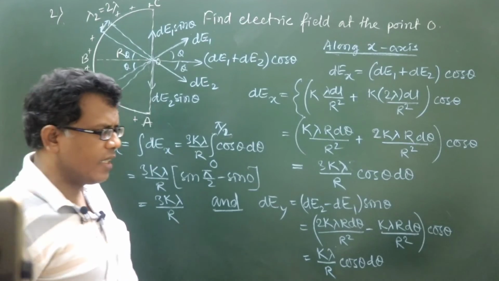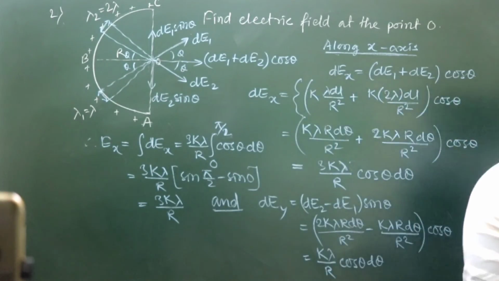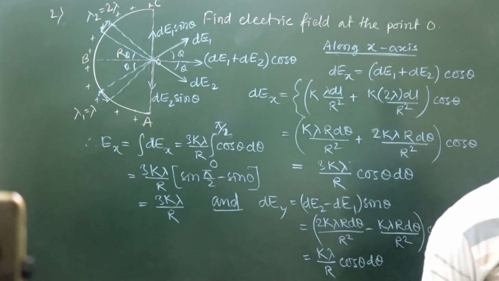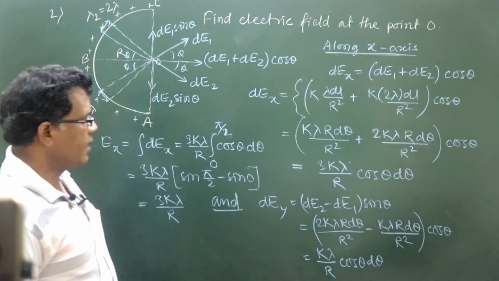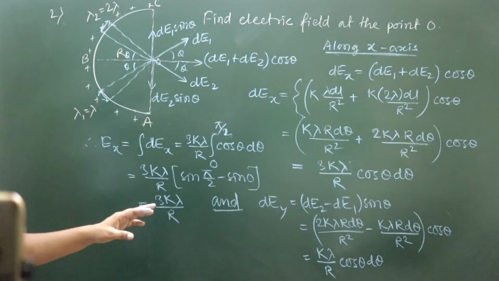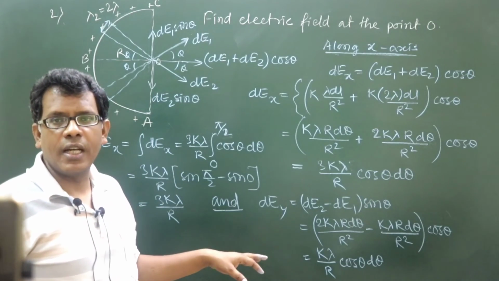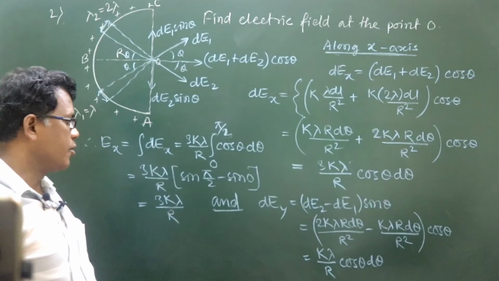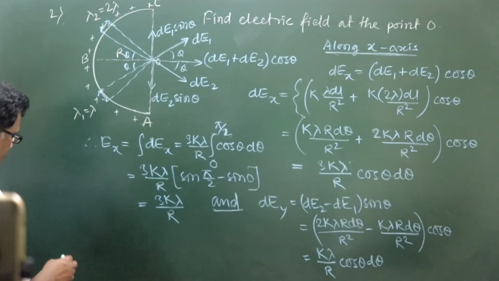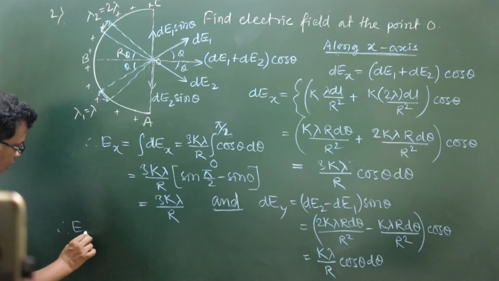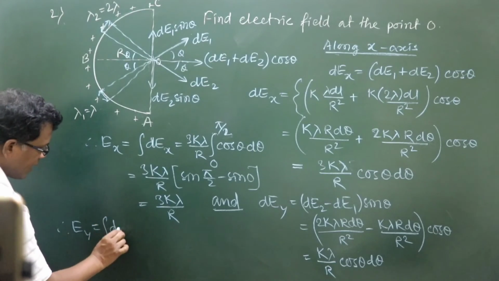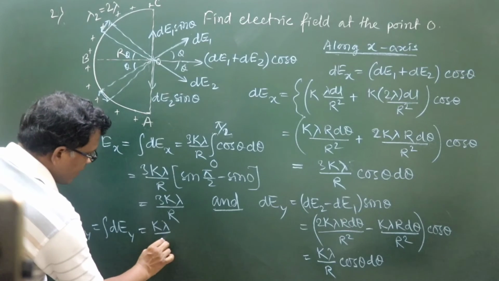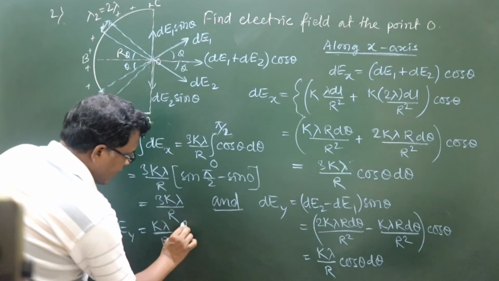Along y direction, the electric field can be written k lambda by r into cos theta d theta, right? So the net electric field along y can be obtained by integrating this dEy, with k lambda by r being constant taken out.